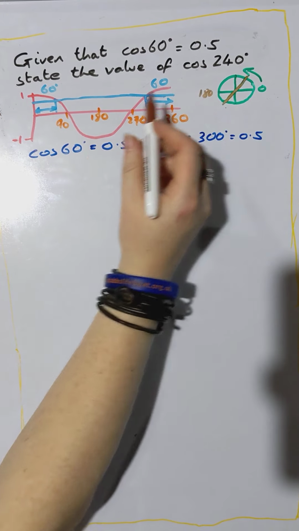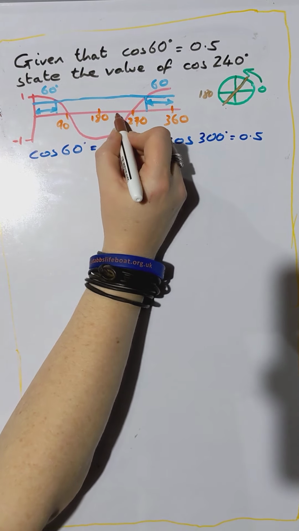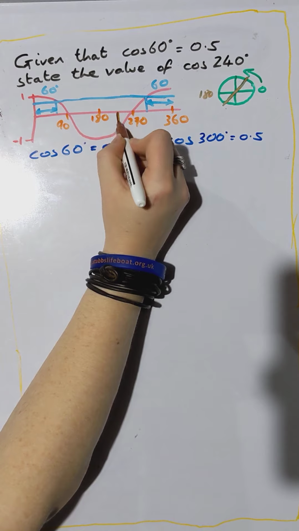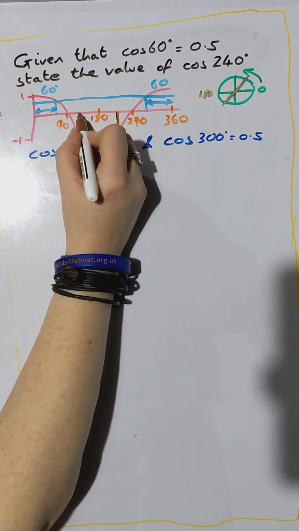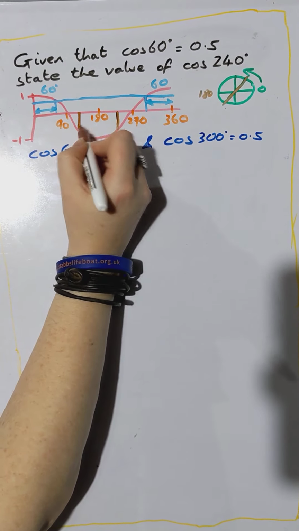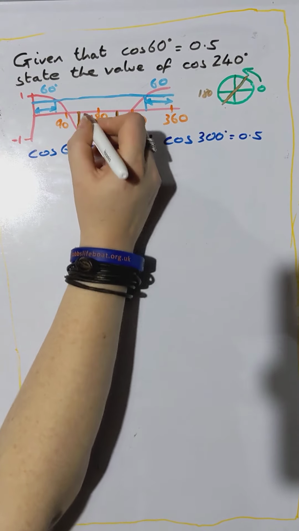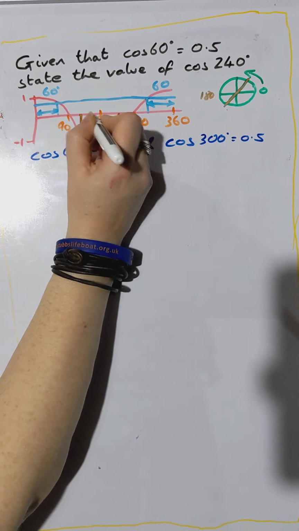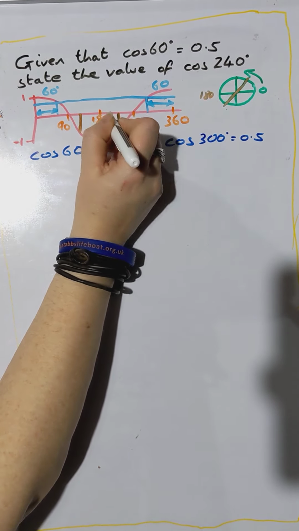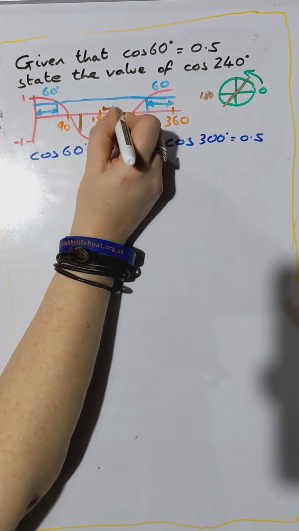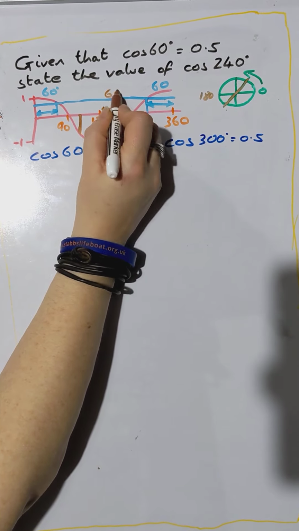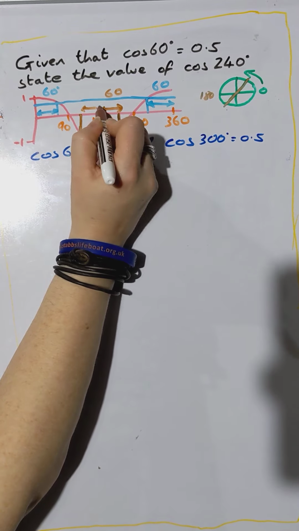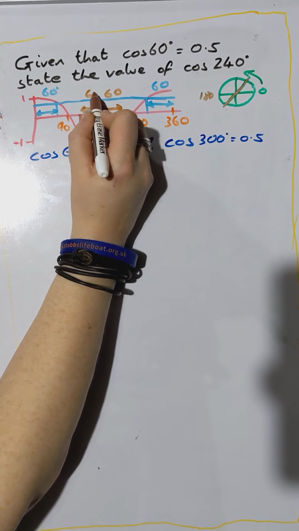So from 180 to 240, we have a symmetry going on. So we know from there to there is 60, and from there to there is 60.